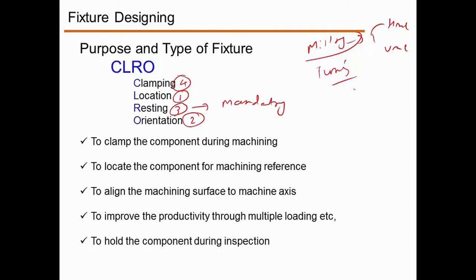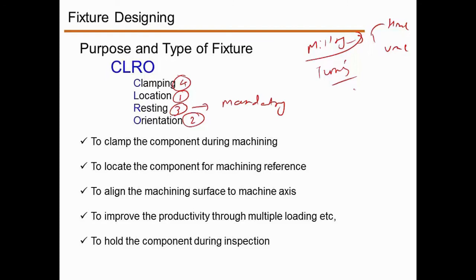The same location or job zero should be taken, and that's the reason location plays the major role. Orienting the component is very important, because if you try to keep the component in a different direction, that's where Poka-yoke also plays a major role, which we are going to see.